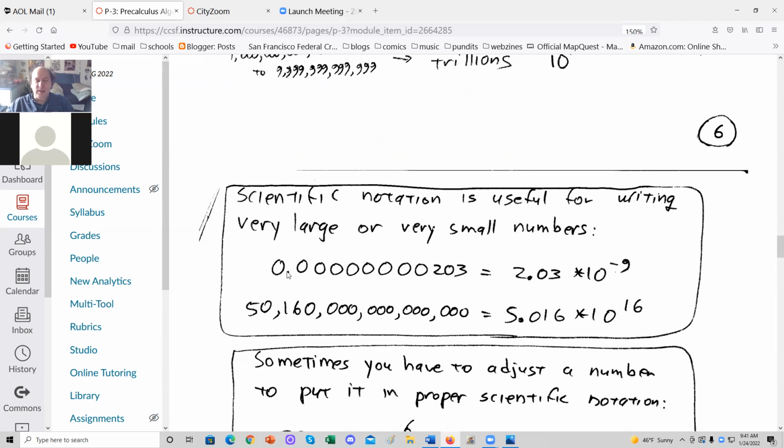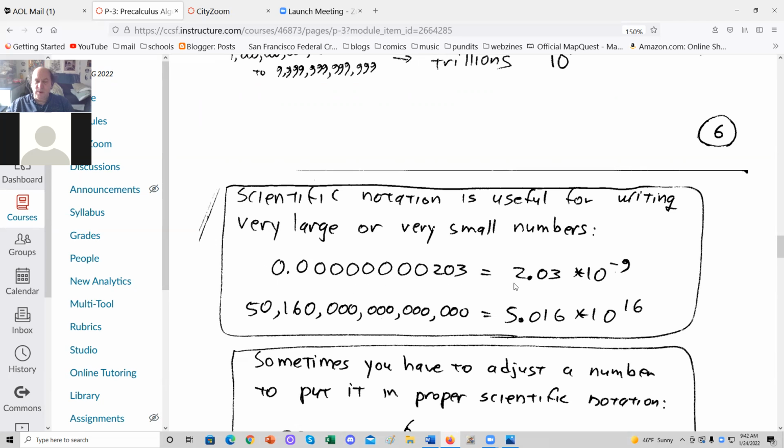One way to do it is to start with the decimal point here, and move it to just the right of this leading digit, counting how many places you move. 1, 2, 3, 4, 5, 6, 7, 8, 9. So you have to move the decimal point 9 places to the right because this is a tiny number. So therefore, we have a negative: 10 to the negative 9.